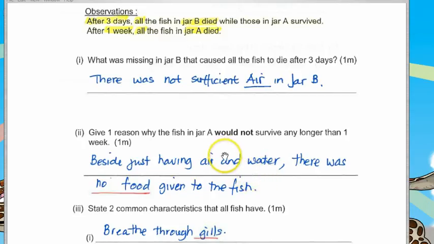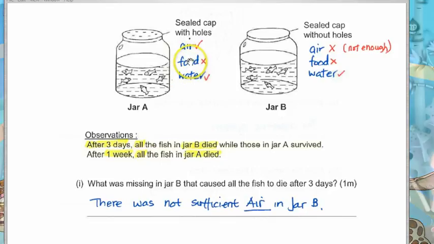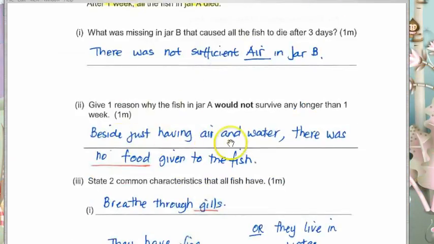But at least for jar A, they'll die later because only one factor, the food, is taken away. But for jar B, both air and food are not there. That's why they die first. This one eventually will die because there's no food. So besides having air and water given, there was no food given to the fish.